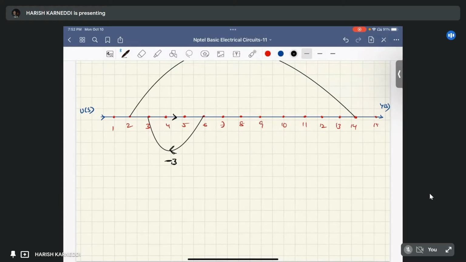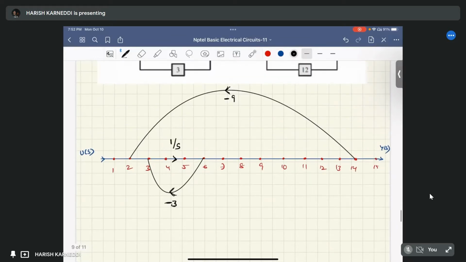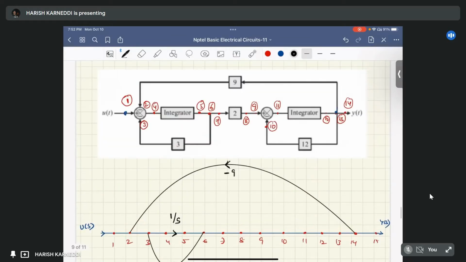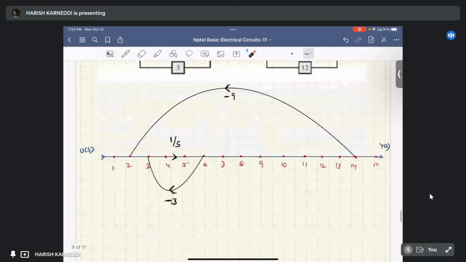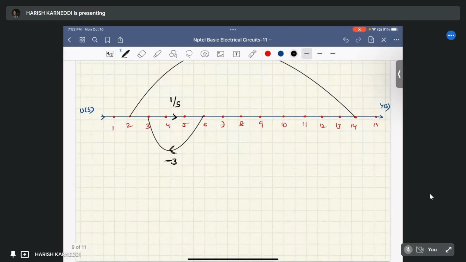The gain of the integrator block is 1 by s, right? From point 5 to 6, in between these, there is no gain, so it is simply a gain of 1. This is also 3 to 4, there is no gain, it is 1.